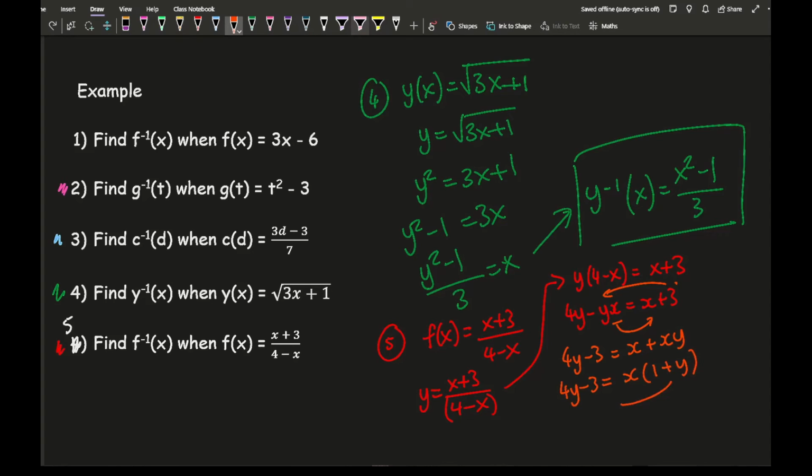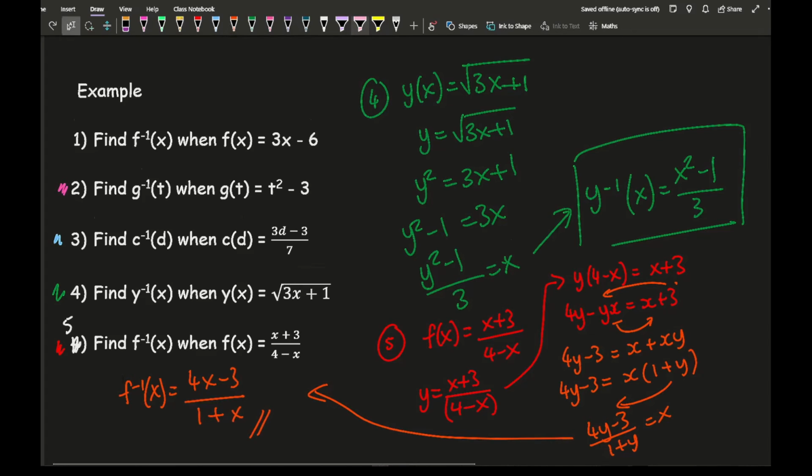And then I take this bracket over to the other side. So I get (4y minus 3) over (1 plus y) equals x. Then, it's really messy, but here I've got the inverse function of x equals (4x minus 3) over (1 plus x), and there is my final answer.